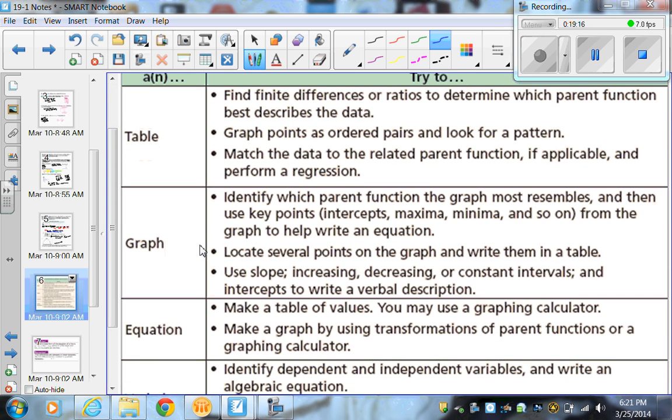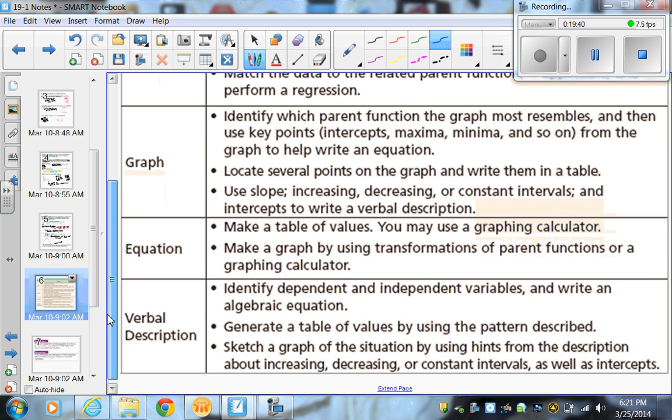If I'm given a graph, I'm going to identify which parent function it mostly resembles, and then identify the key points, whether it's intercepts, the max, or the min. I locate several points on the graph to make a table of values. I'm going to use the slope, the increase and decrease, or constant intervals to write a verbal description.